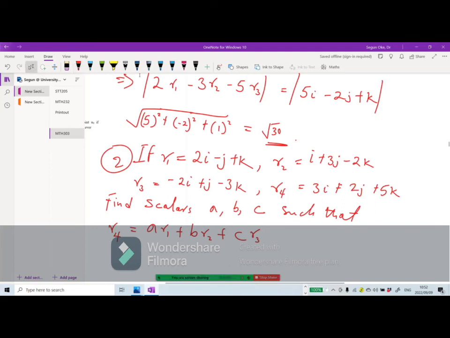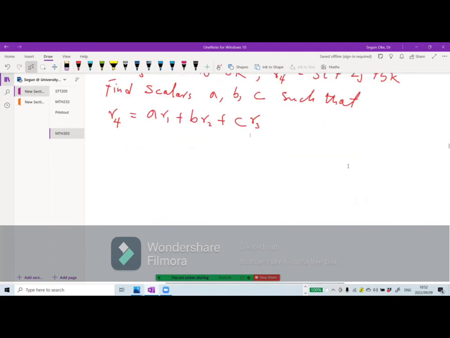So all you need to do is, we know our R4, which is our required vector.